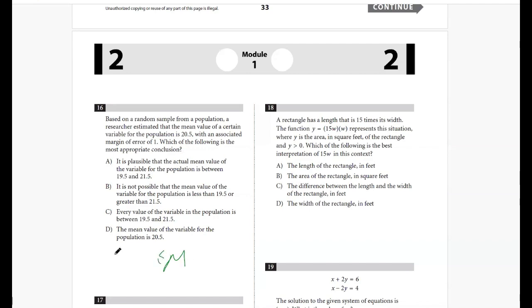So it has to be 20.5 minus 1, and 20.5 plus 1 over here. So the mean has to be somewhere between 19.5 and 21.5. So A is the correct answer.